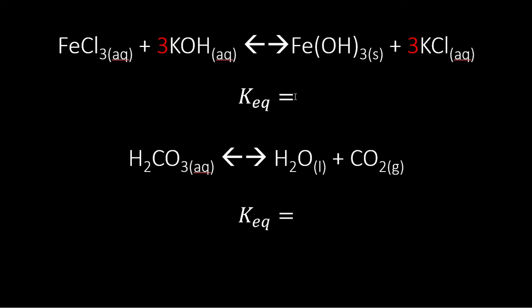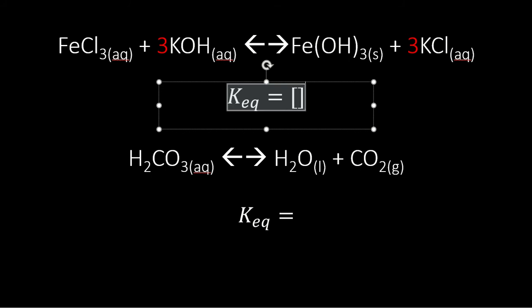So Keq is just going to equal the concentration of each product raised to their respective coefficients divided by the concentration of each relevant reactant raised to their respective coefficients. As far as the product iron hydroxide, it is a solid, so we're not going to include that. Now, the concentration of KCl, we will actually include because it is in the aqueous state.